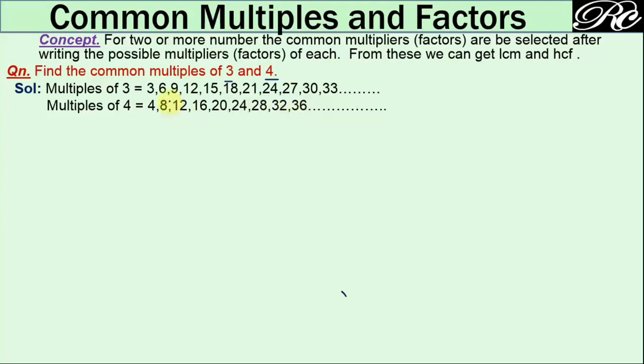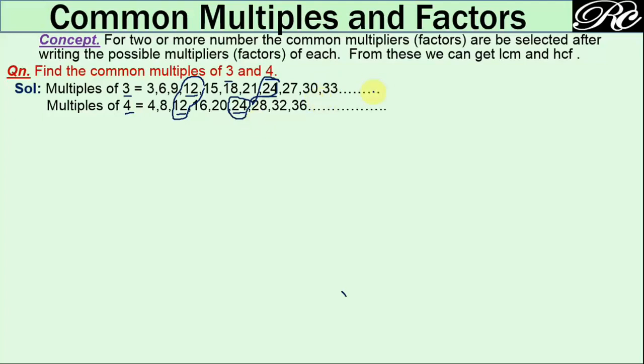Here we see that 12 is a multiple of 3 as well as of 4. So 12 is a common multiple. Moving ahead, 24 is a multiple of 3 and also a multiple of 4. So the common multiples are 12 and 24. If we go further, we will get more common multiples like 36, 48, etc.